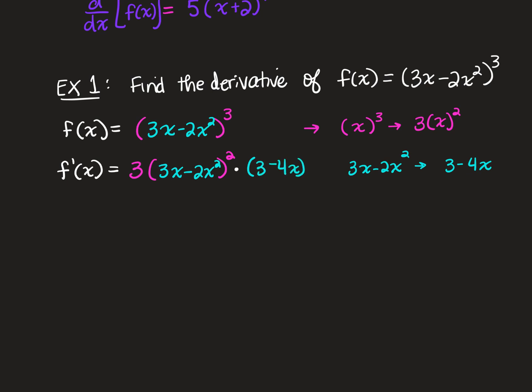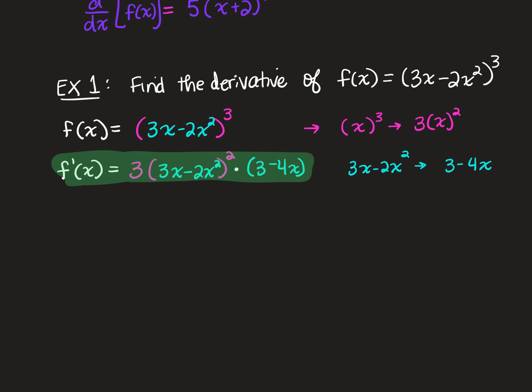The nice thing is I really don't need to simplify this anymore. I can just leave my answer as is. There's no need to go any further. So this would be my answer: the derivative of f of x is that entire quantity. It's not pretty, and we oftentimes strive to make something look nice, but it's not always necessary.